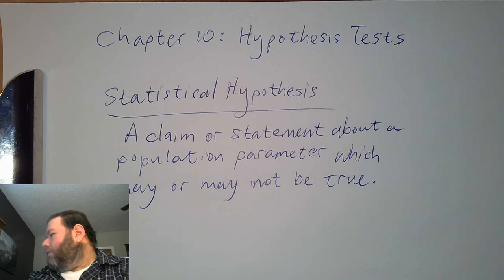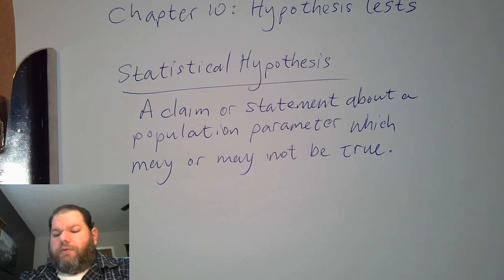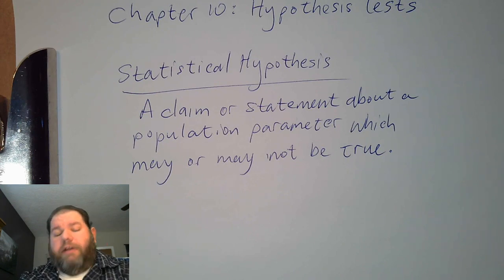All right. So, when we say we're making a claim or statement about a population parameter, I'll just refer to the mean here, henceforth. The idea is that we have some kind of established value for something, like we understand that the average IQ is 100.